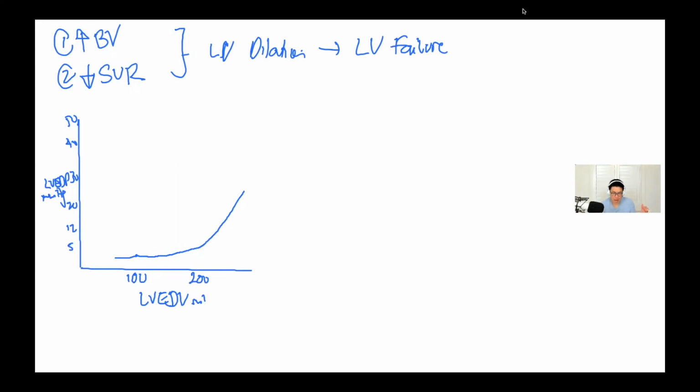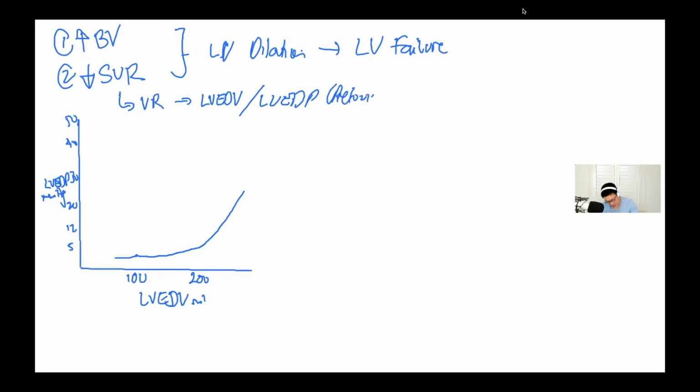Now, what happens with the increase in blood volume and a reduction in your systemic vascular resistance or afterload is that it allows more blood from the arterial system to return to the venous system and increases your venous return, which then also increases your left ventricular end diastolic volume and subsequently your left ventricular end diastolic pressure, or preload.